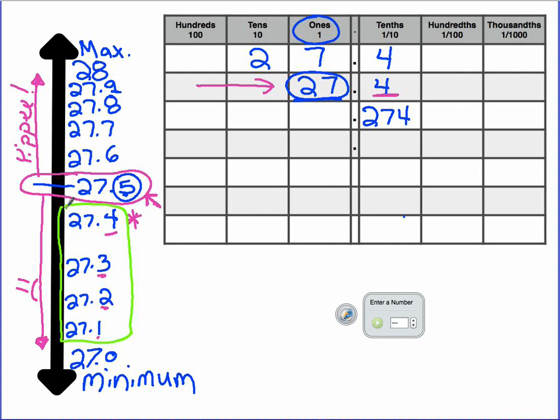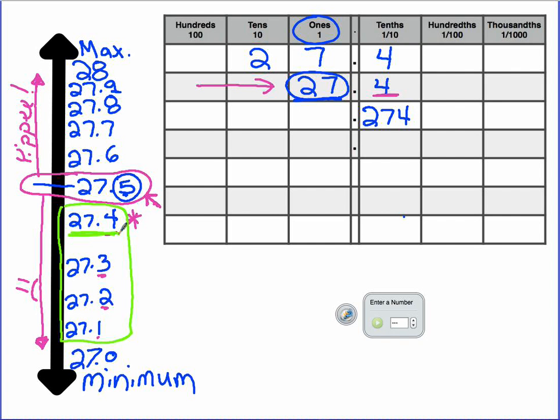They're not changing, they're staying the same. Well, what is the number that is right below the midpoint? 27 and 4/10. So the maximum number that you can go to before having to round up, if you are looking at the 10ths place, is 27 and 4/10.